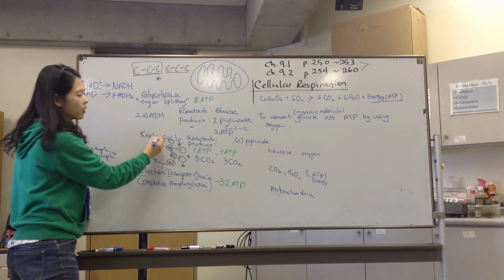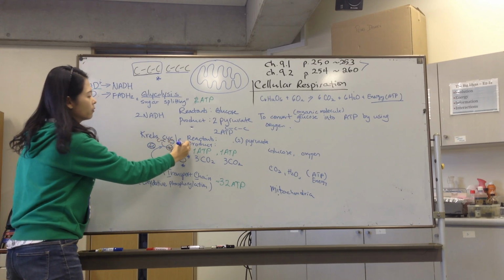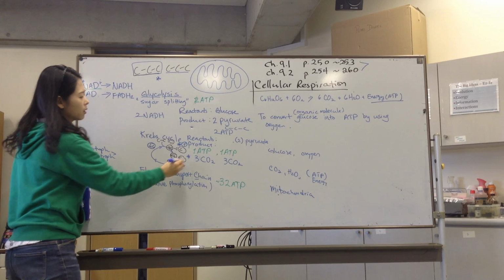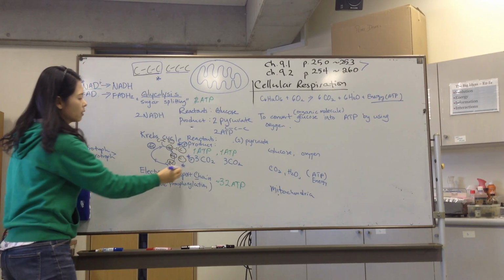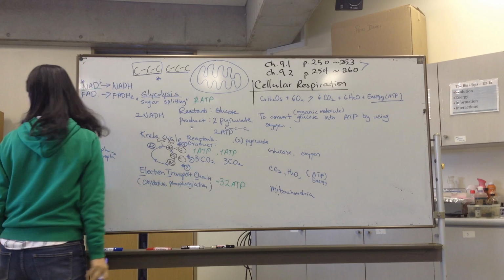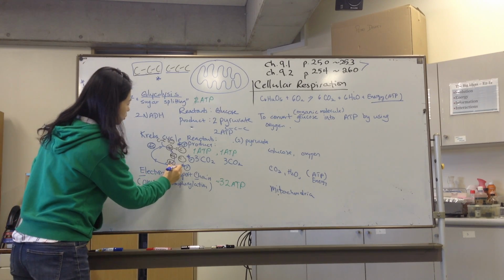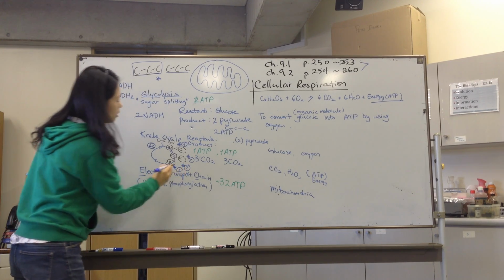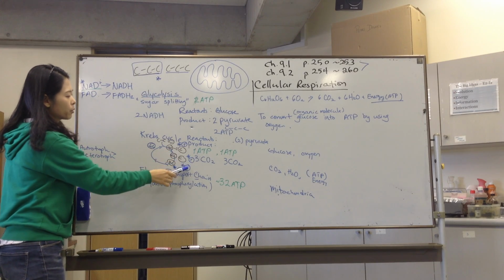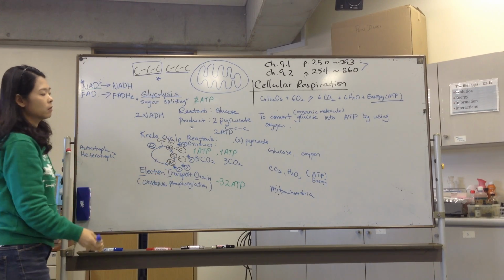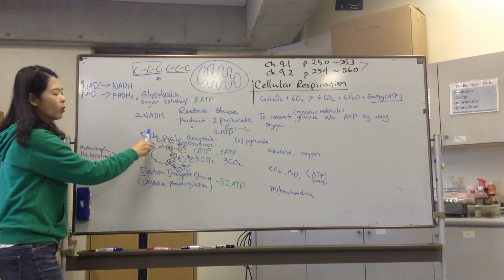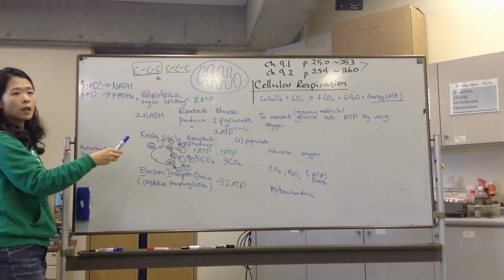For each cycle, here's 1. Here's 1 more. And here's 1 more. Let's do the math correctly. Actually, there's 1 more somewhere here. So 1, 2, 3, 4, and then 1 more cycle, so that's a total of 8.